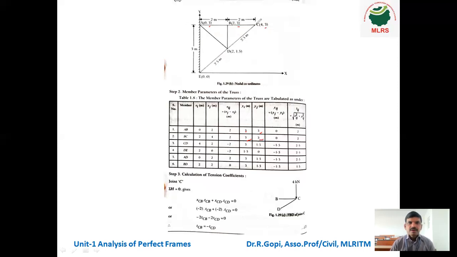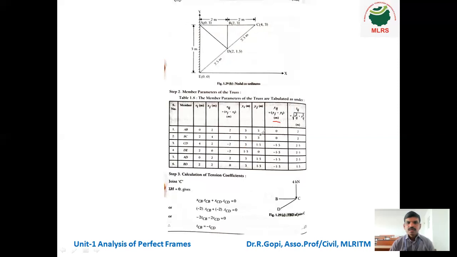Next, the CD member. Here C is here and D is here. The y coordinate of C is 3, and of D is 1.5. So likewise, you calculate yi and yj for all the members. The length in y direction is yj minus yi.